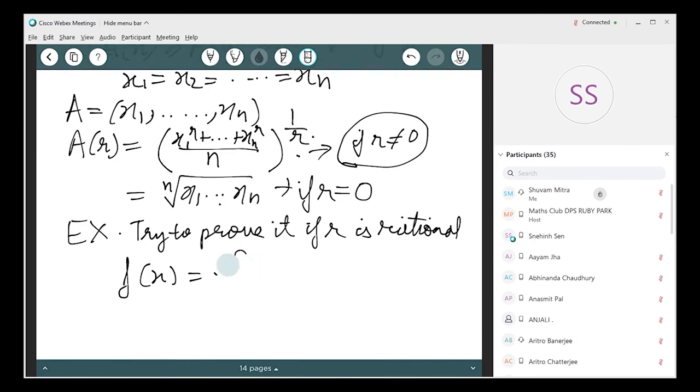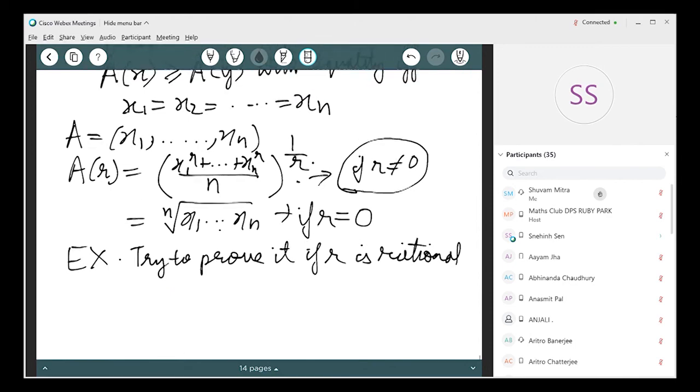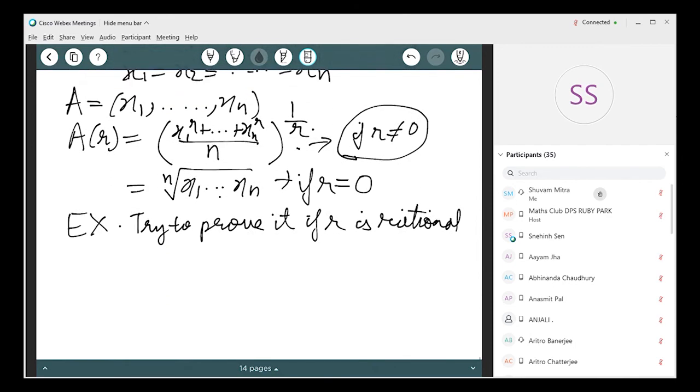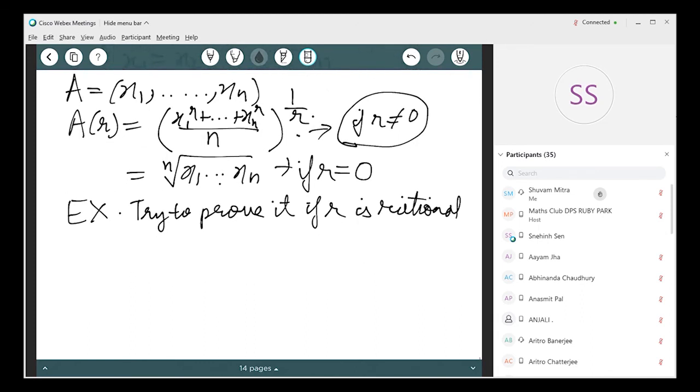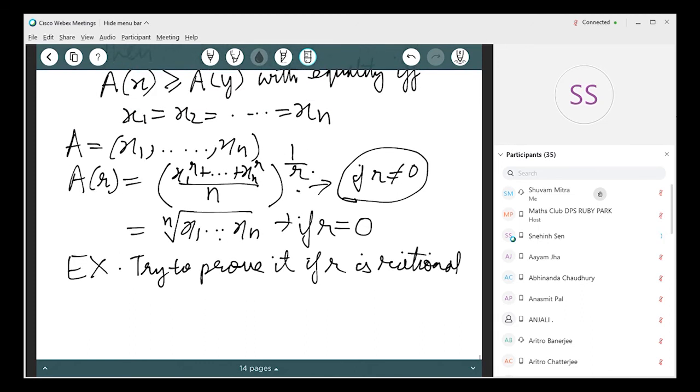Okay. So this is what's required for the power mean inequality. It has some general applications, and you might see some in the assignment. Very few of them, because directly asking questions from power mean inequality is a bit dangerous. If we go on increasing r, will the value of the mean also go on increasing?